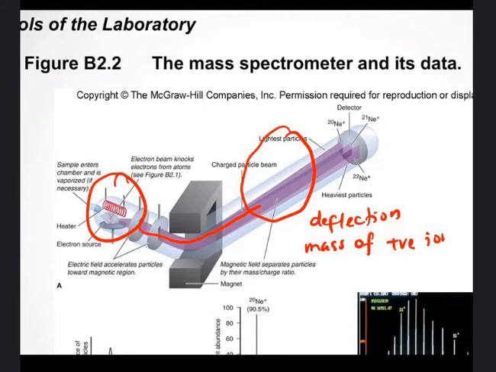Okay, and then at the final stage dekat hujung ni, the positive ion will be detected. Macam mana dia detect? Sama juga dia akan detect based on the mass. So dalam kes ni kalau kita punya elemen tadi tidak bertukar jadi positive ions, then mass spectrometer tak boleh detect. So that's why it's very crucial for the element to be converted to positive ion in the first process. Dia kena tukar jadi positive ion, lepas tu deflected and detected.